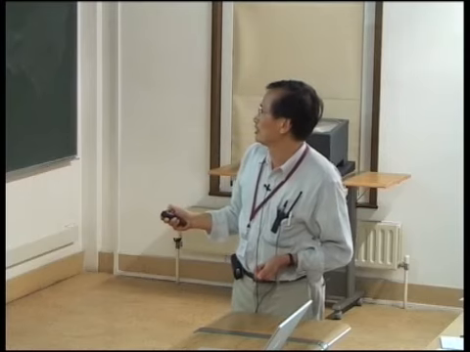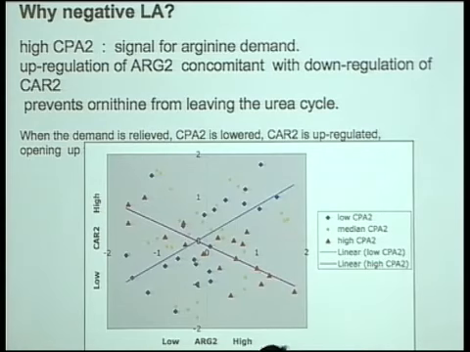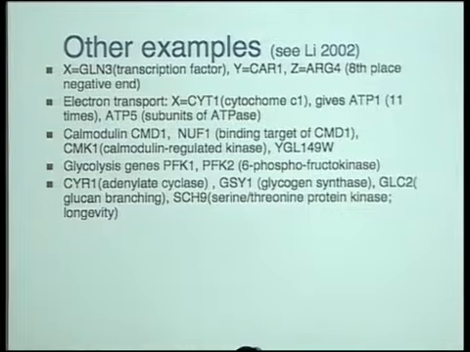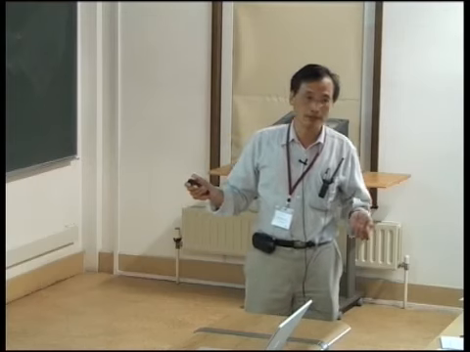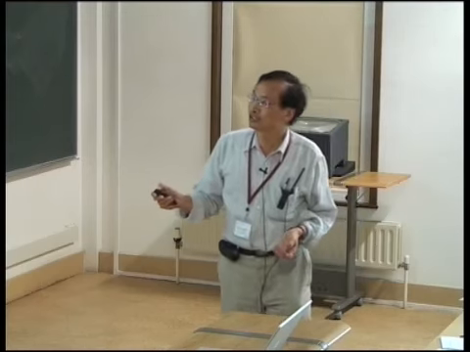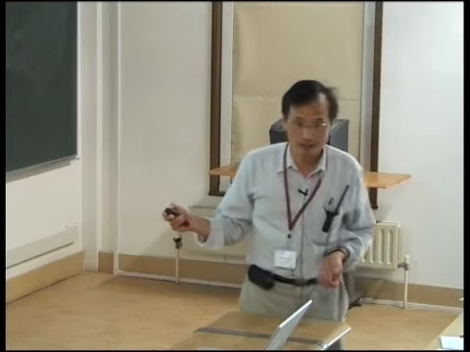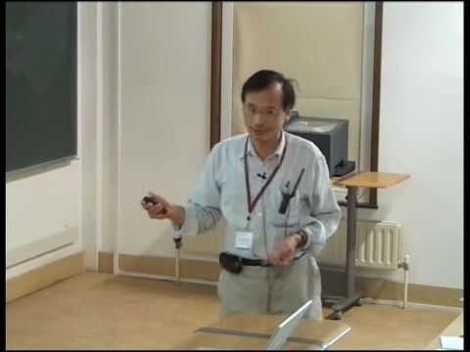Now for the other case, when CPA2 is low, then they have a positive correlation. Now why is that? Well, if the cell does not need it, which probably means that the arginine is already plentiful. Now, arginine is a charged amino acid. If you have too much of it, then you're in trouble.